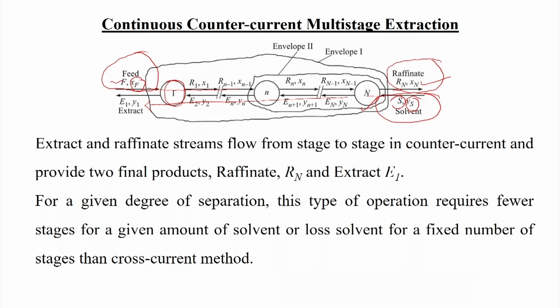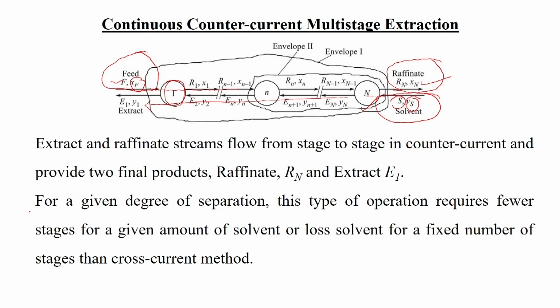The extract and raffinate streams flow from stage to stage in countercurrent mode and provide two final products: the raffinate exiting from the final stage, and the extract coming from the first stage.